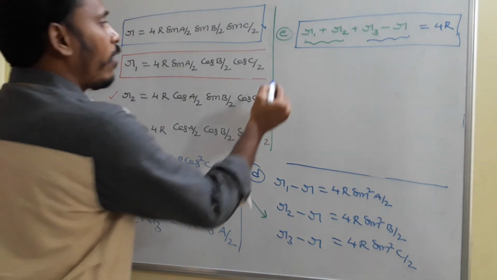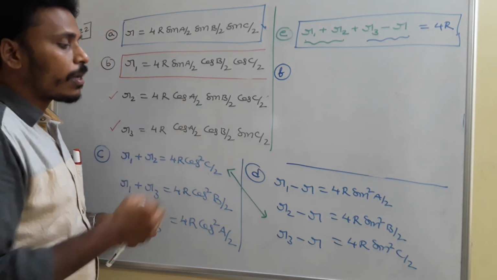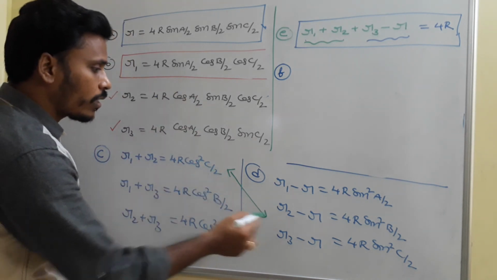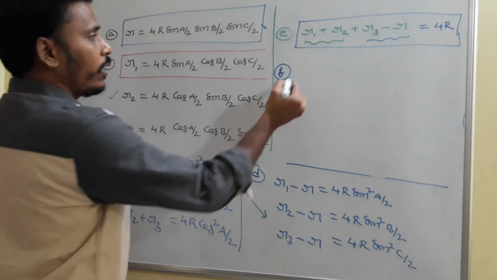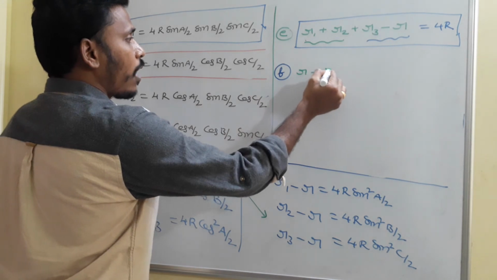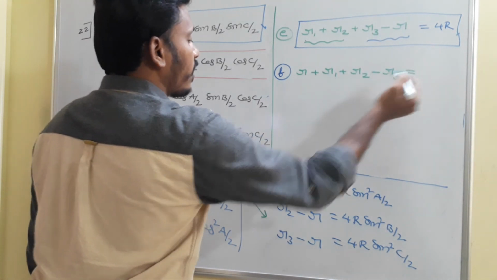Now for F, what I am going to give you is, you just do subtracting of those two items, 4r cos square C/2 and 4r sin square C/2. So while subtracting, what will happen actually? r plus r1 plus r2 minus r3. Just think about it.